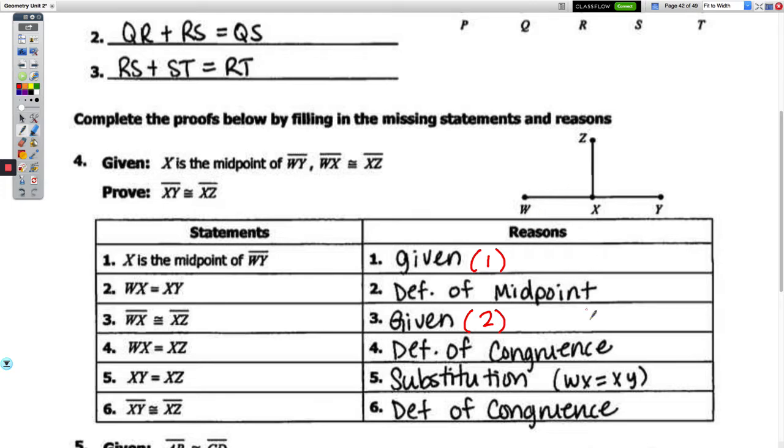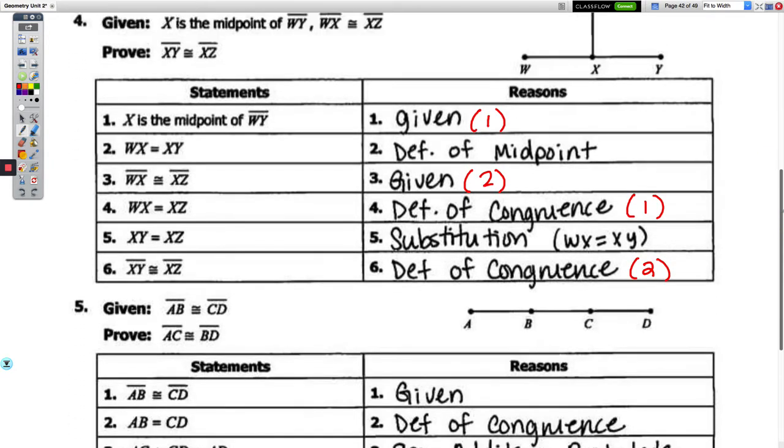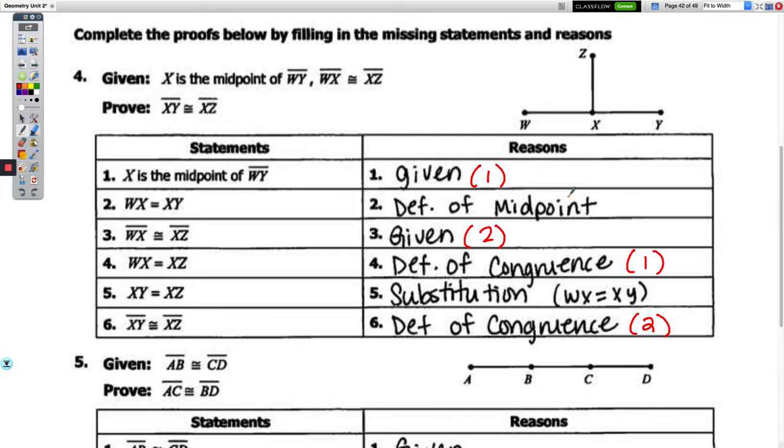If you have to use definition of congruence twice, the first time you use definition of congruence, use the one with the 1 next to it. The second time you have to use definition of congruence, you use the one with 2 next to it. Does anybody have any questions about number 4?